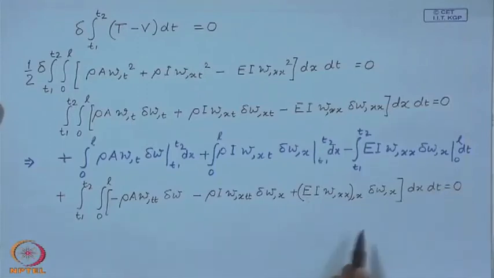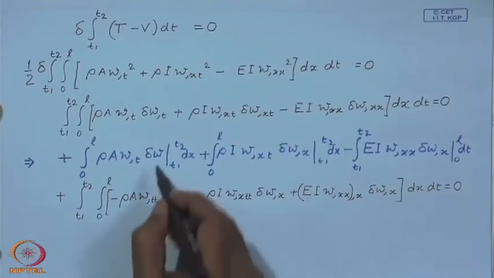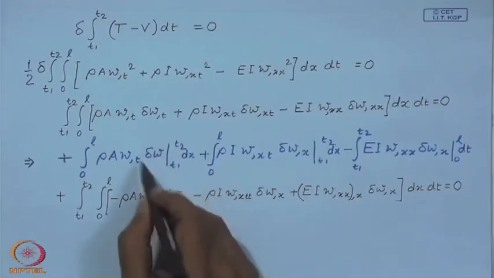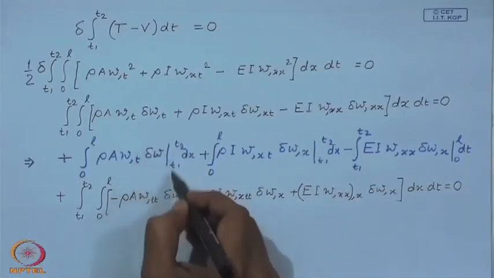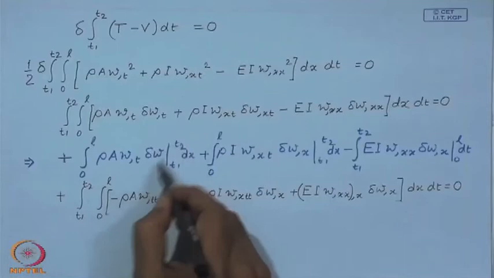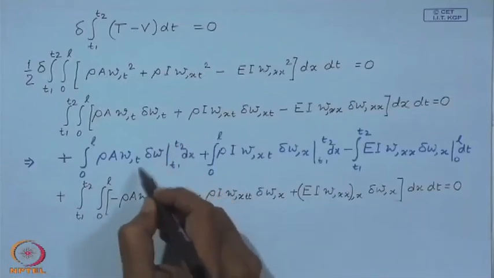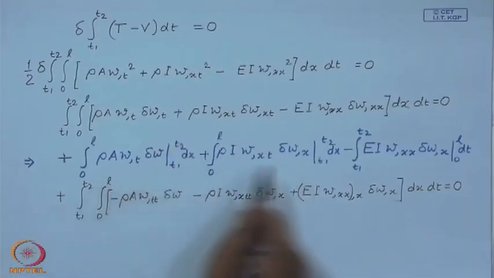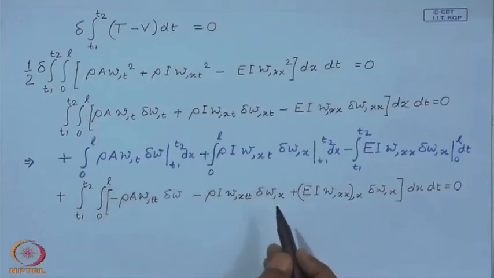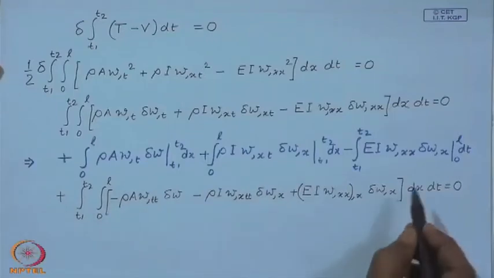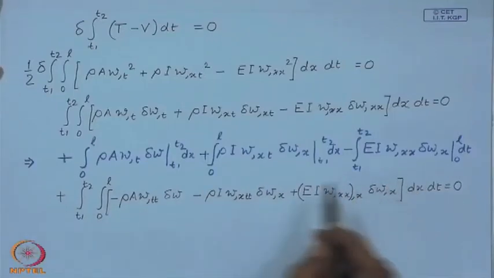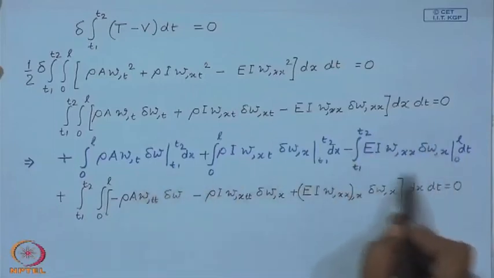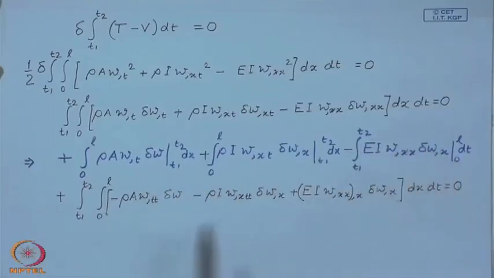So, this is what we are going to get. Now, here as we know, the variations must vanish at these two time points. So, these terms will vanish. So, we will be left with this as a boundary term.